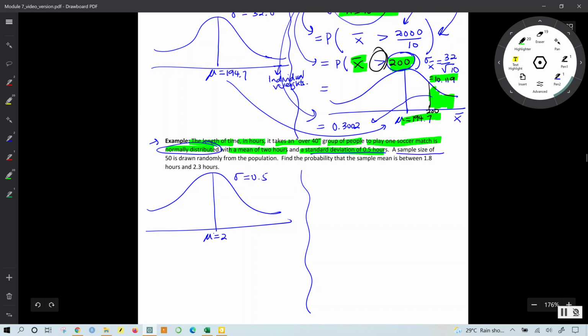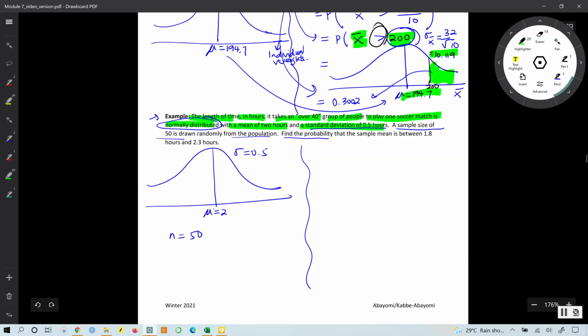Then a random sample of size 50 is drawn from the population, so n is equal to 50, and we're required to find the probability, capital P, that the sample mean, x bar, is between two values, 1.8 and 2.3 hours.